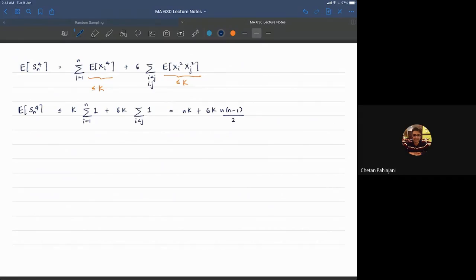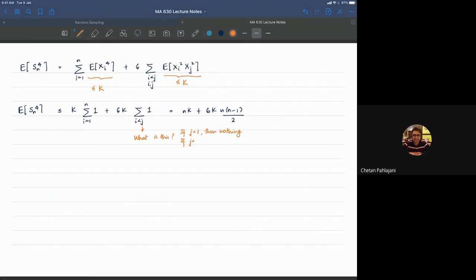Okay, now why is this true? So the question is, how many terms are you adding here? Suppose j equals 1, then nothing, right? i less than j is not possible.